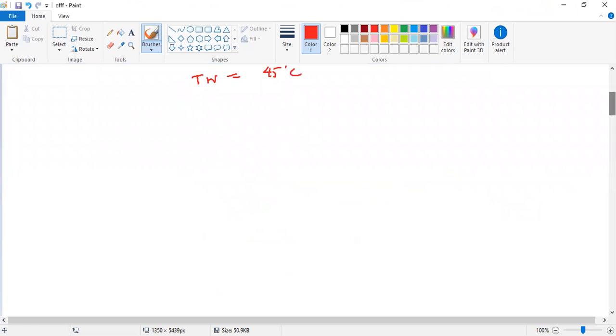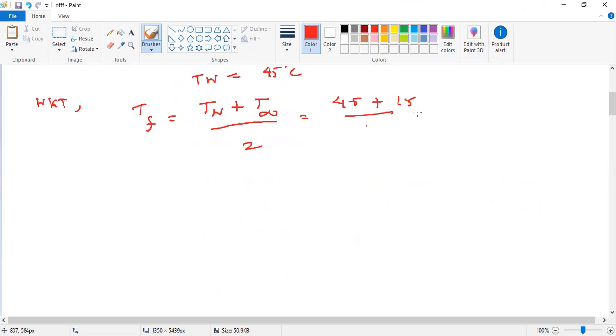We know the film temperature Tf is equal to surface temperature plus fluid temperature, that is air temperature, divided by 2. So 45 degrees Celsius plus 15 degree, divided by 2, we get 30 degree Celsius.